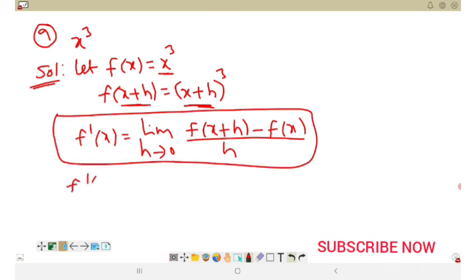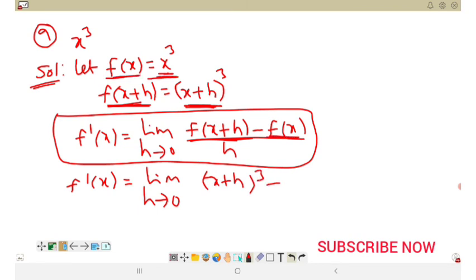So f dash of x is equal to limit h tends to 0. Here f of x plus h is equal to (x plus h) whole cube, minus f of x, which is x cube, by h.